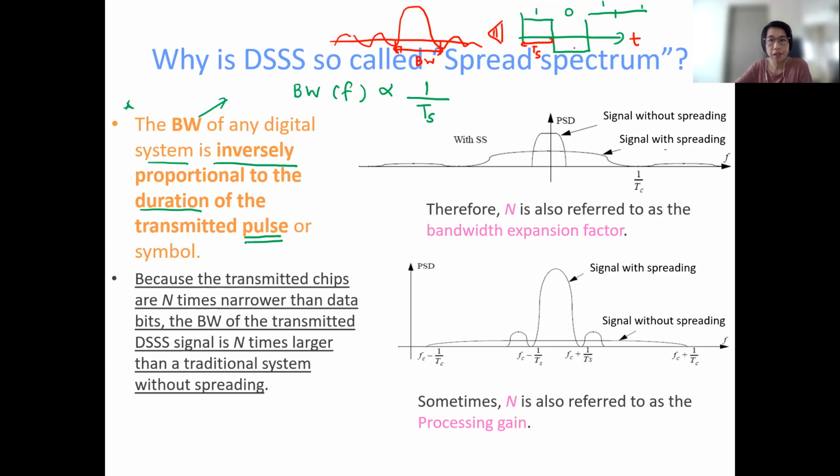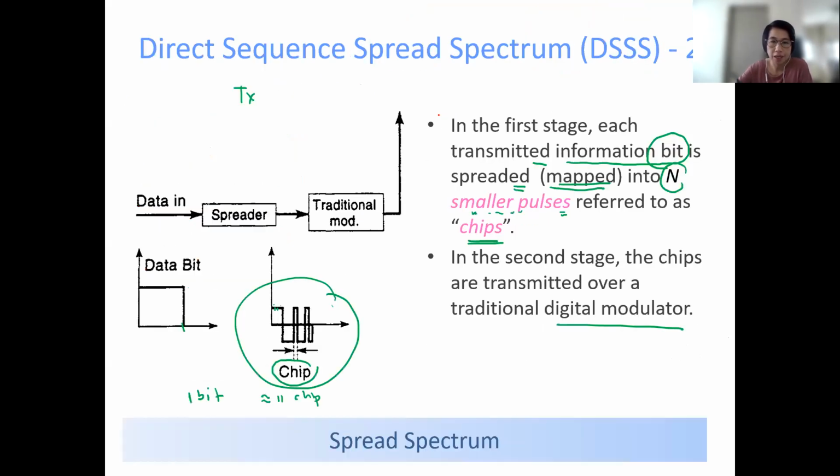So bandwidth is inversely proportional to the symbol duration. If the time is smaller, what happens? The bandwidth becomes bigger. The value becomes bigger if the time duration is smaller. From here, TH is large compared to the time that you send only one chip.